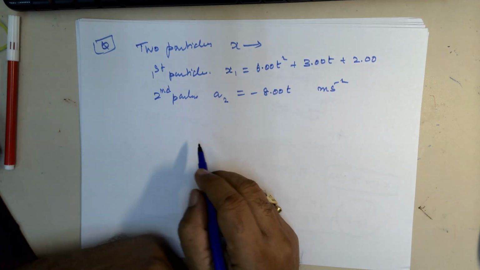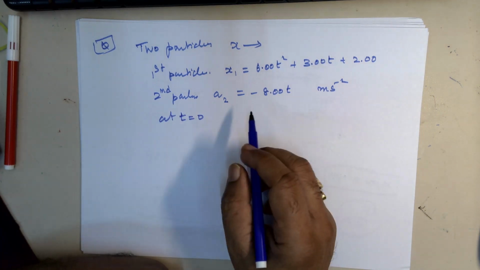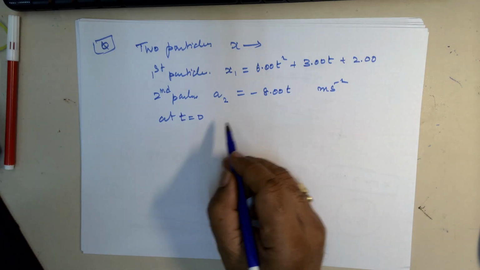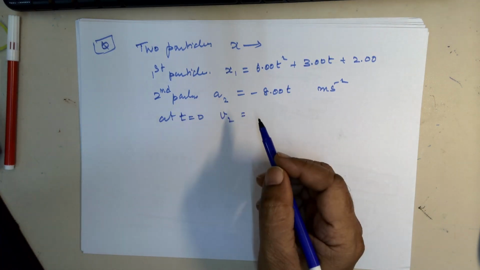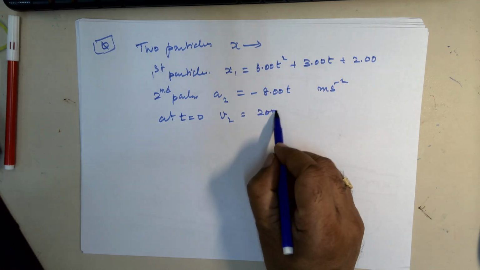At t is equal to 0, its velocity is 20 meter per second.